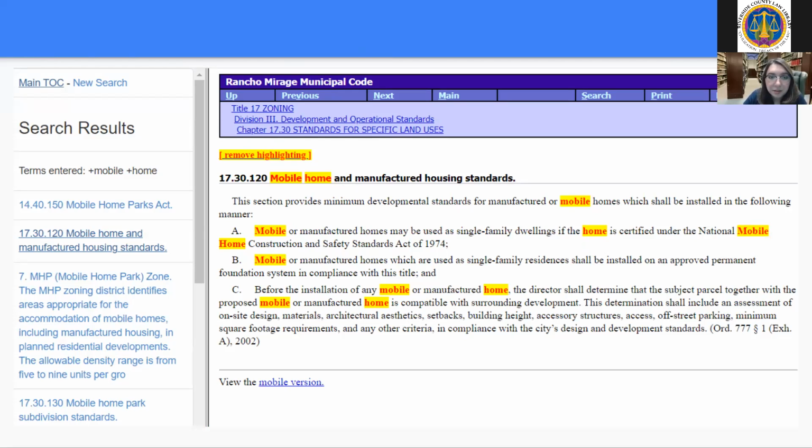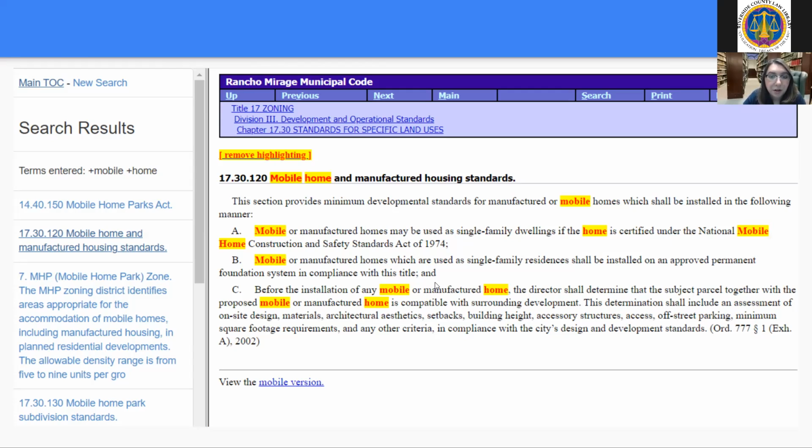I'll just read this to you really quickly. This section provides minimum developmental standards for manufactured or mobile homes, so our synonyms, mobile homes and manufactured, which shall be installed in the following manner. Mobile or manufactured homes may be used as single-family dwellings if the home is certified under the National Mobile Home Construction and Safety Standards Act of 1974.